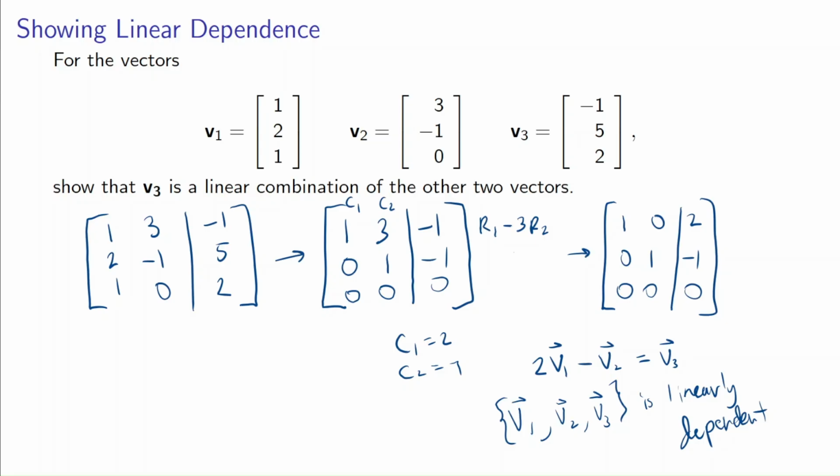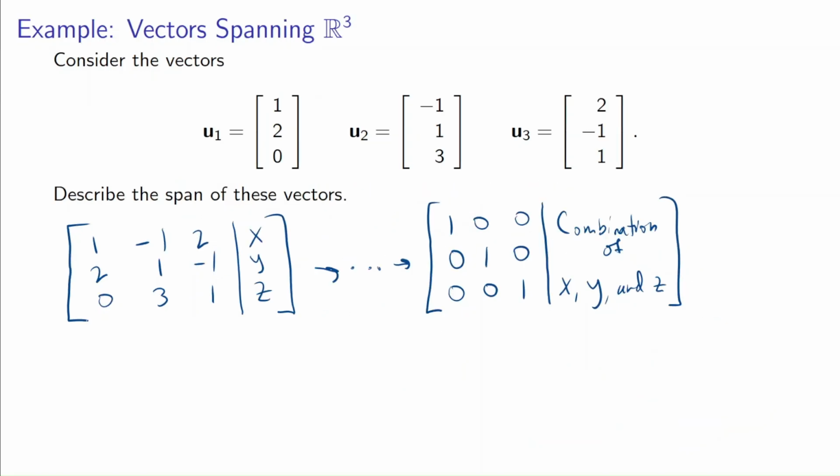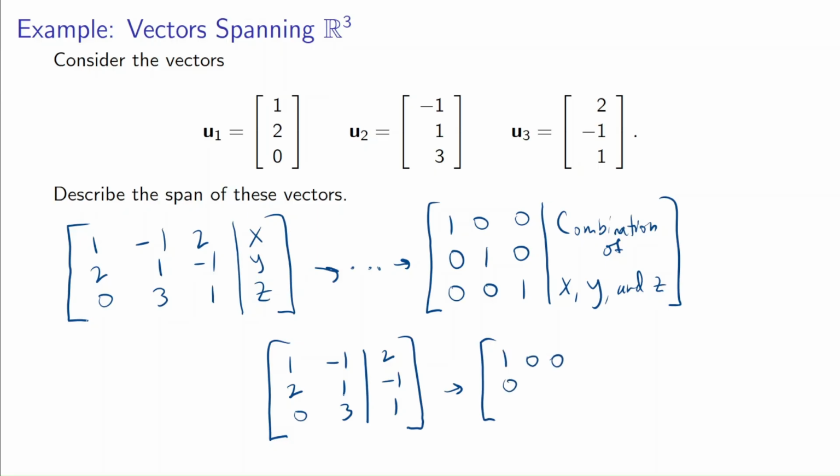If we compare that to U1, U2, and U3, if we were to try to write U3, let's say, as a linear combination of U1 and U2, so put our vertical line here, this would reduce to the same sort of identity matrix here, with this vertical line here.